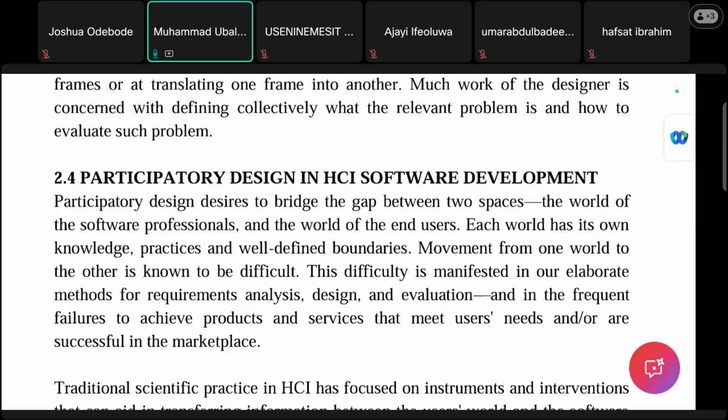Now, traditional human-computer interaction methods are usually one-directional. When we say one-directional, it means they solve their problem in one way. But when talking about participatory design, it emphasizes two-way communication. And when I say two-way communication, I mean we listen to the developers, then we listen to the users.